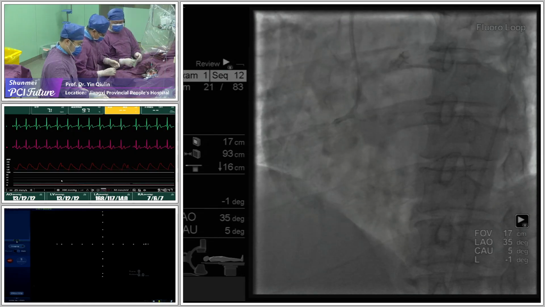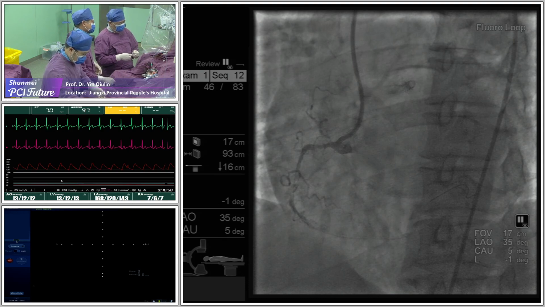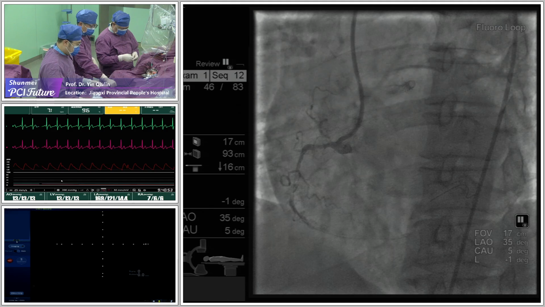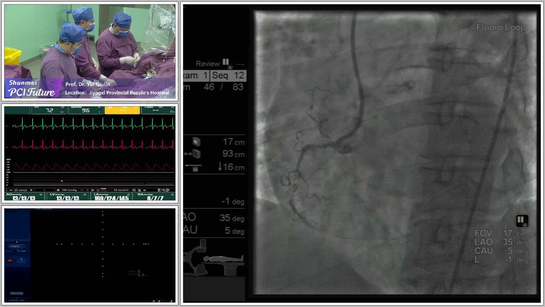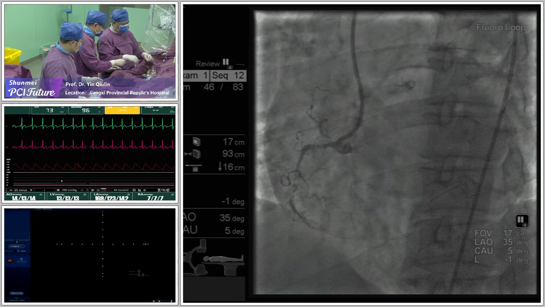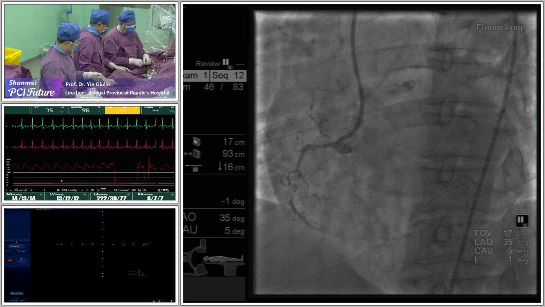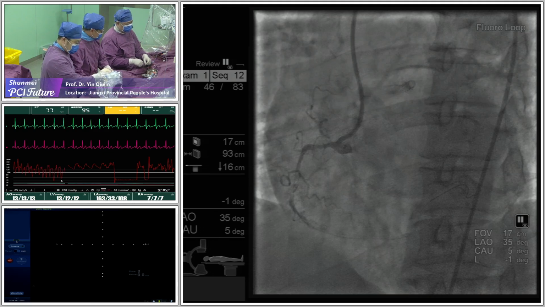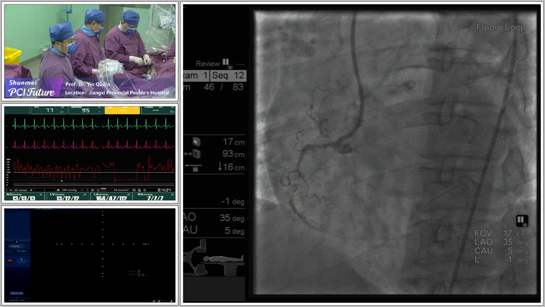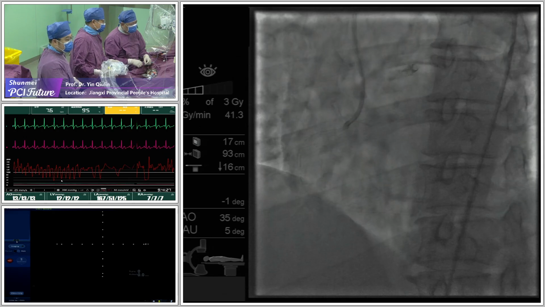The cranial view suggests that the distal vessel is relatively healthy. And this is the RCA view, and we can see some very good septal collateral from the PDA to the mid-LAD. We estimate the total length of the CTO body is around 20 millimeters.